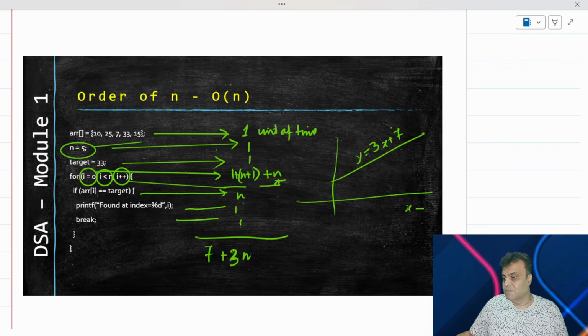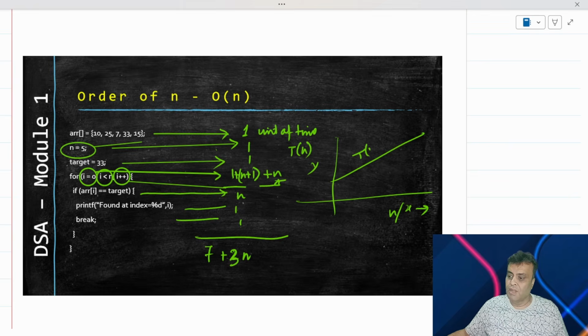This is my x and this is my y, right? And if I represent it in the form of n instead of x, then can I say that my curve for T(n) is equal to 3n plus 7. So this is my intercept of 7, right?